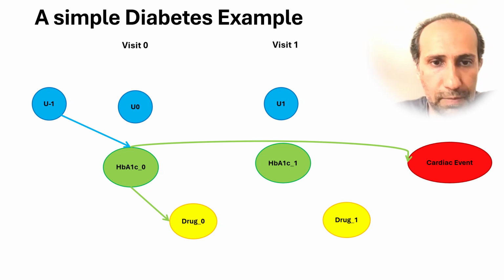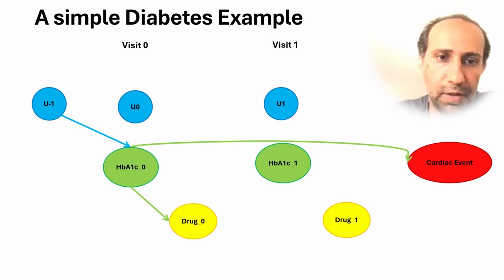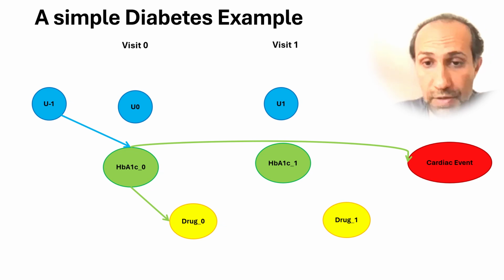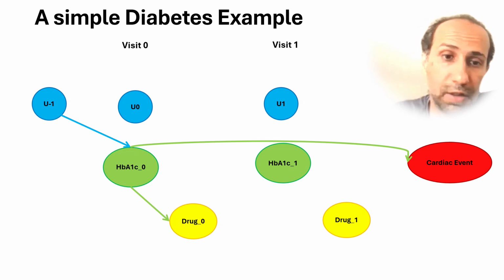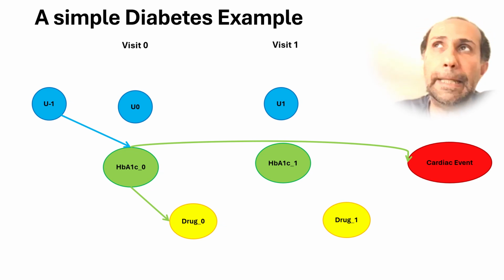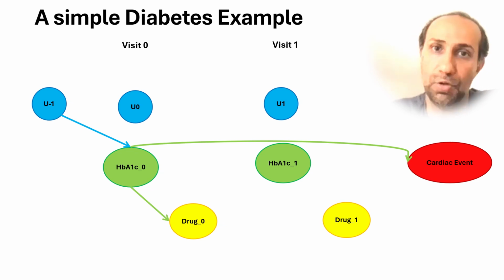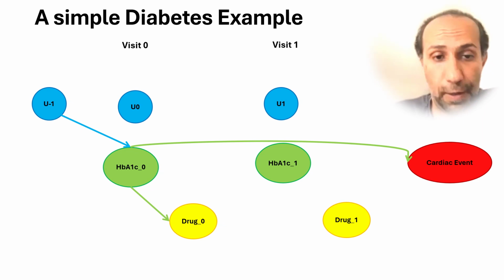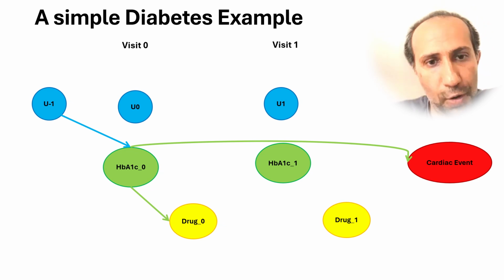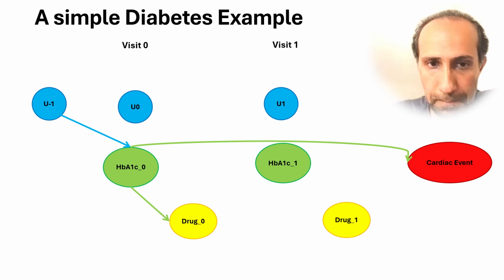Mostly it should increase the level of HbA1c and at the same time increase the level of the cardiac event. And U indicates the unmeasured, hidden variable we don't know, but we almost certainly know that it influences the level of HbA1c.